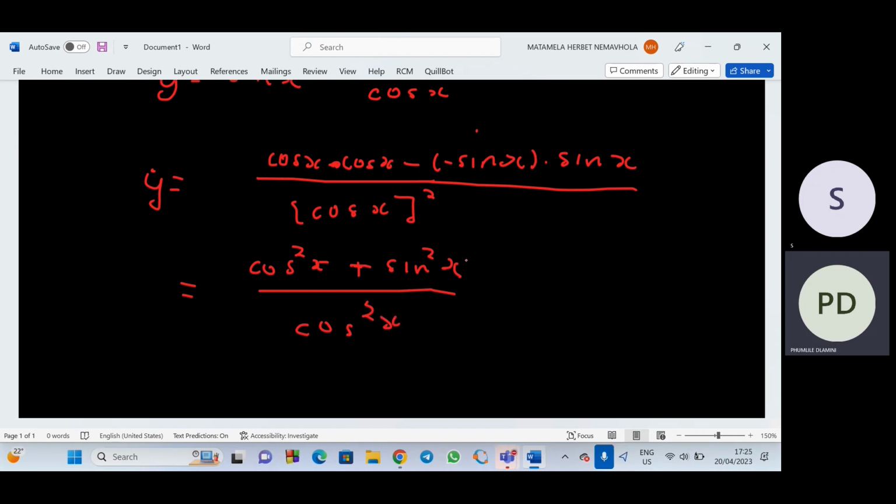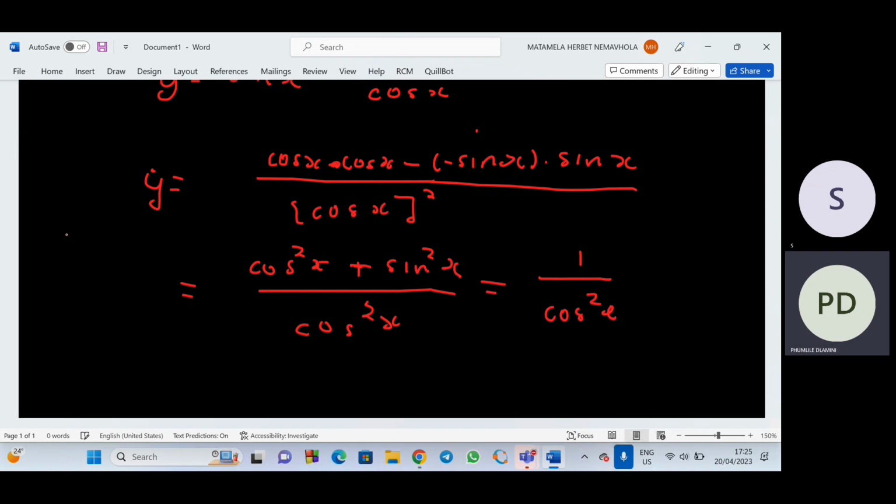According to the rules of identity, cos squared x plus sine squared x equals 1. So this is 1 over cos squared x.